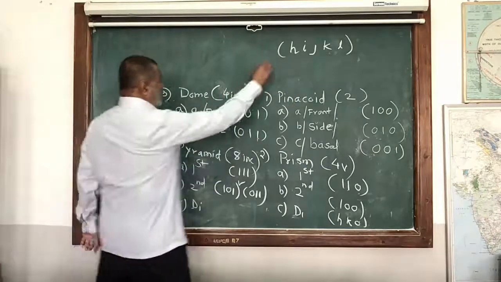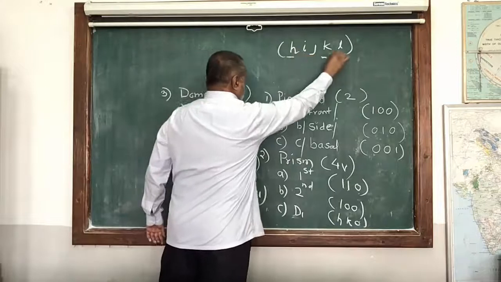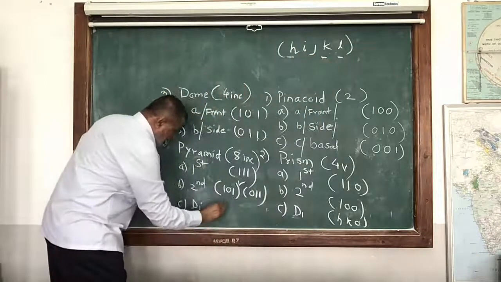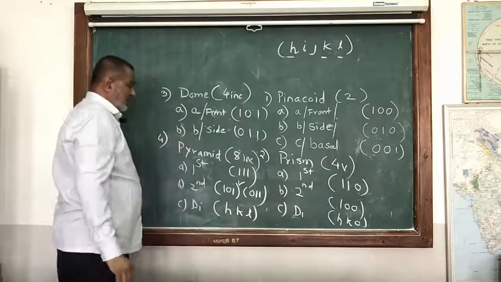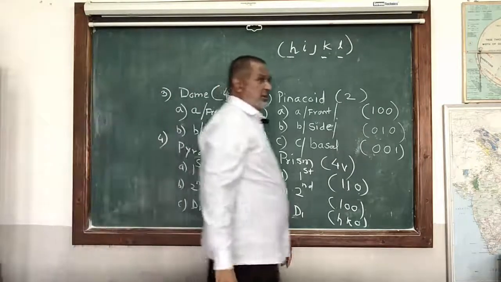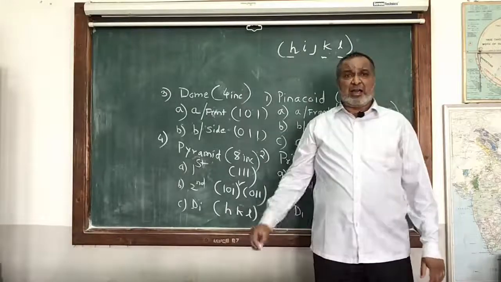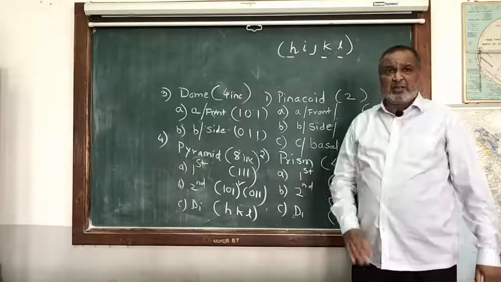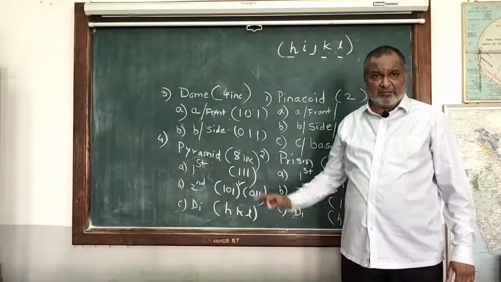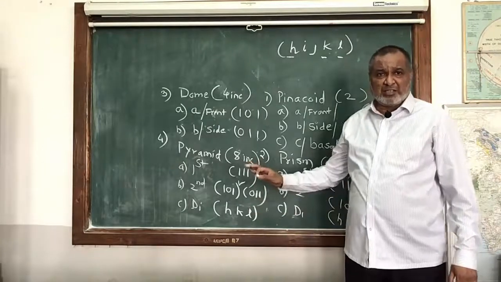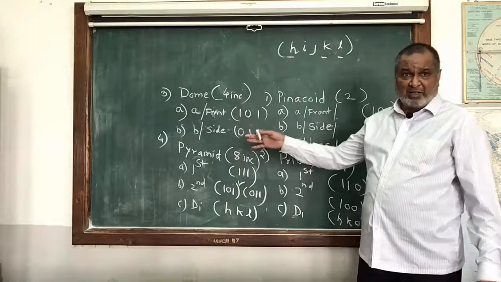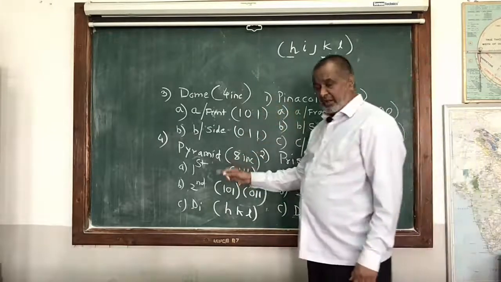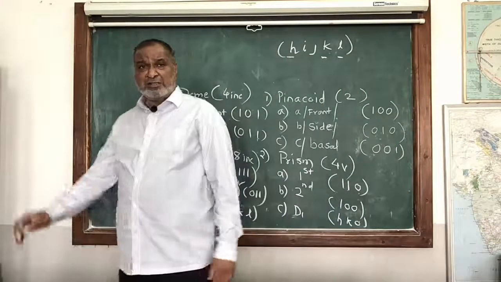So alphabetically H, K and L. So we are going to use H, K, L. These symbols represent that the ditetragonal or dihexagonal prism is going to cut your 3 axes. That is 2 horizontal, 1 C axis, HKL, but in the case of hexagonal, we'll see after this one.